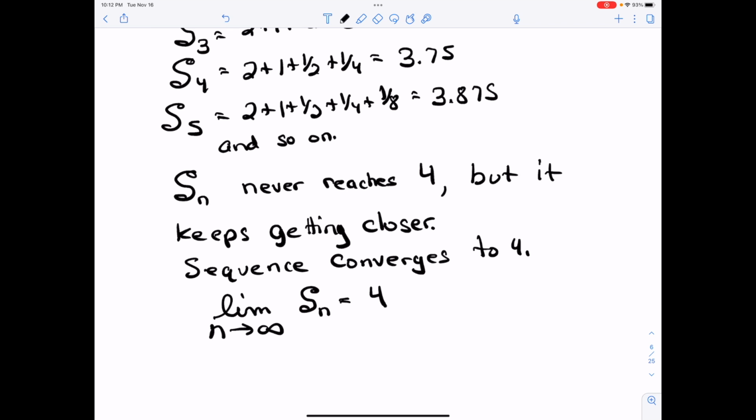In this case, it won't actually reach 4, and it would never go past 4, but it keeps approaching 4 more and more. So the limit of S sub n as n increases without bound is 4. So in this case, the limit of 4 is the sum of the terms of that infinite geometric sequence.